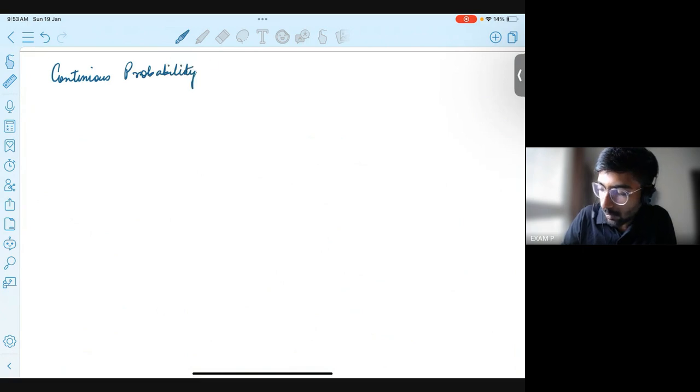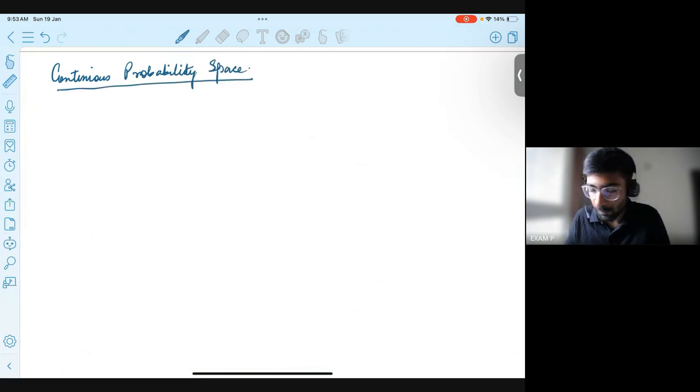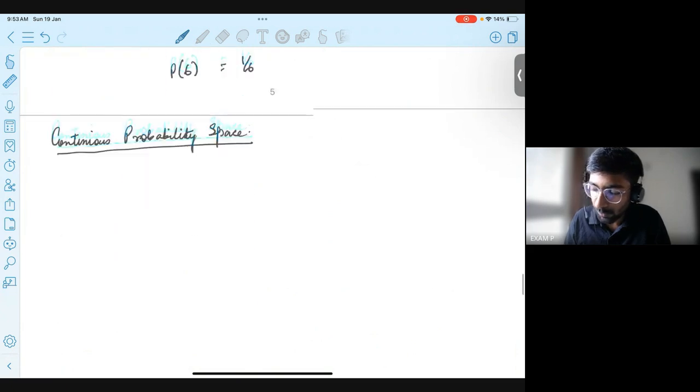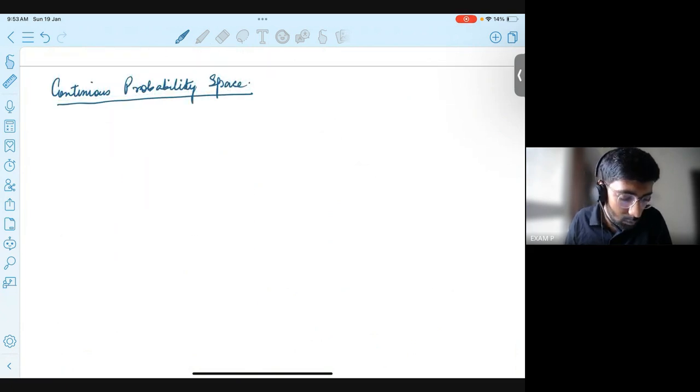For example, so far we looked at the sample space in a discrete form, as discrete values. Discrete means just some points, so we just took 6 points here. Instead of that, they are talking here about spinning something and then it points to some point in the circle.